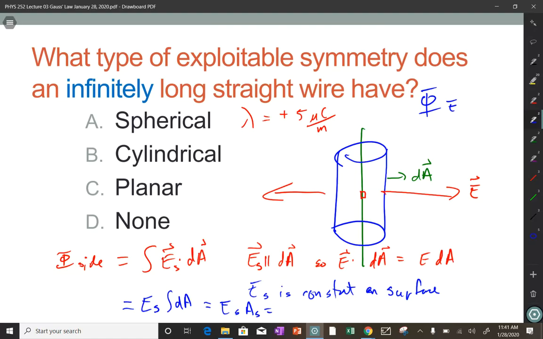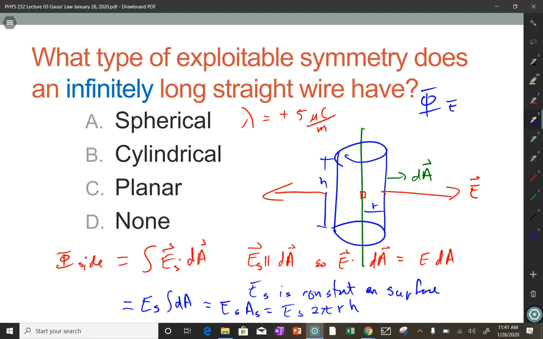I didn't define a height for the cylinder, did I? No. So the cylinder has some randomly chosen radius r and height h. And so that's going to be E_S times 2 pi r h. So that's the flux on the side.